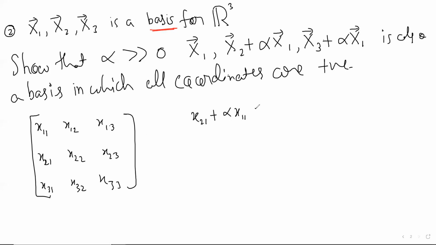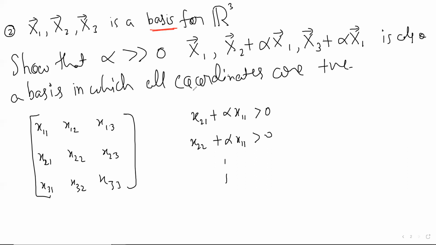Yes, because we want all the coordinates to be greater than 0, right? x31 plus alpha x11 should be greater than 0. x22 plus alpha x12 is also greater than 0. So there will be six such inequalities. We have to write all of them, and so on. Same thing: take the maximum of minus x21 by x11, minus x22 by x12, and so on.